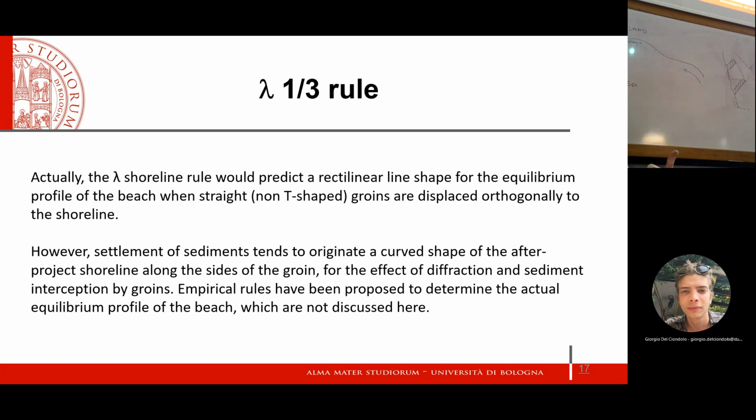And also here, the local context, the local features become extremely important, and it becomes important also the seasonality of the wave forcing. And if we want to better inspect in detail what the configuration will likely be, we need a more refined modeling, as I said, a numerical modeling, which we will discuss also at the end of this lecture today.